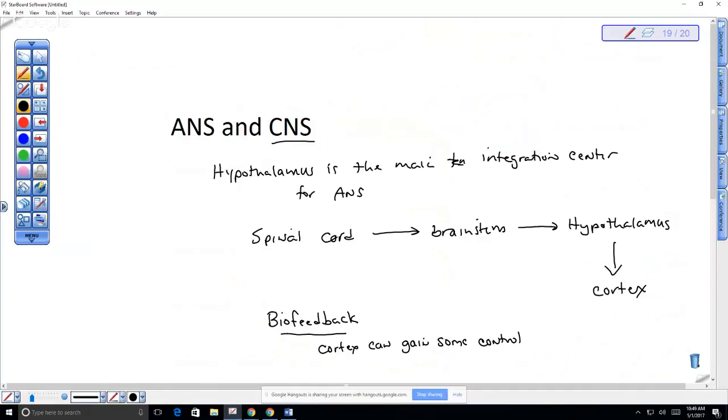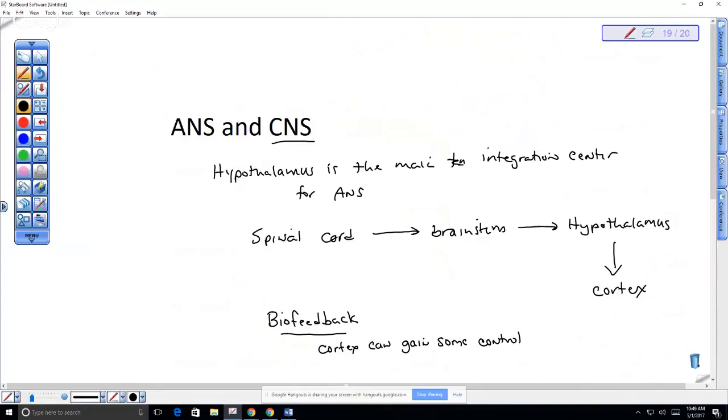You could also think about some of the reflexes. Like the gag reflex, some people have the ability to override it so that they can swallow things like swords, for example. And that is just through biofeedback, you have some control over the reflexes that are associated with the autonomic nervous system.